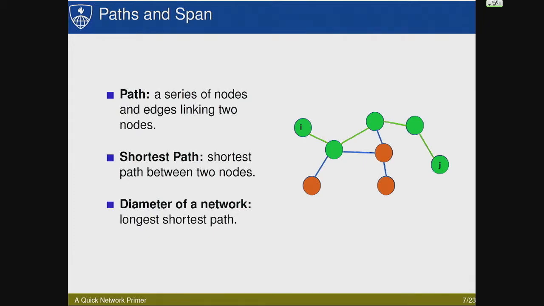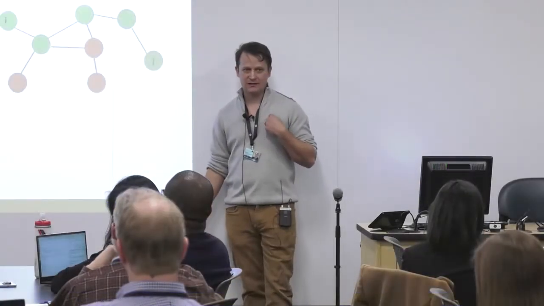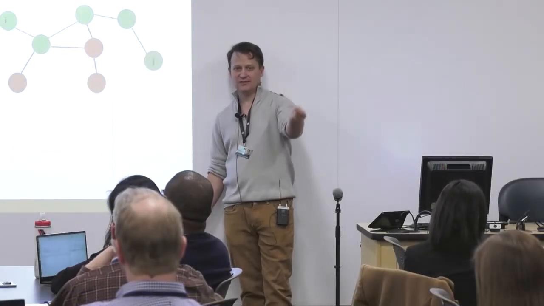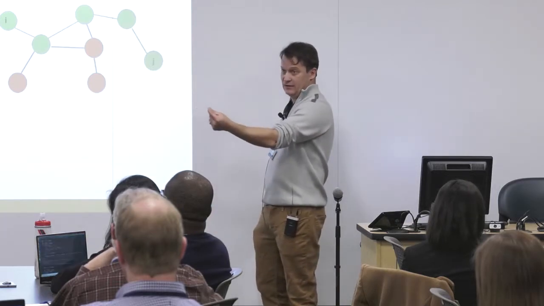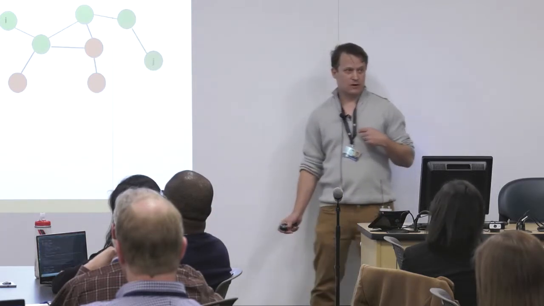The relationship between any two nodes can be described by a path, which is just a link of edges and nodes connecting them. We're particularly interested in the shortest path, because that is the shortest number of hops a disease will take to get from one individual to another in the network.